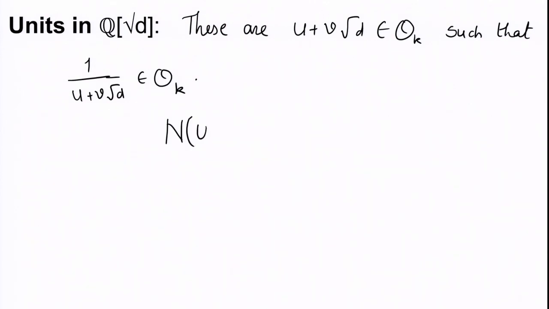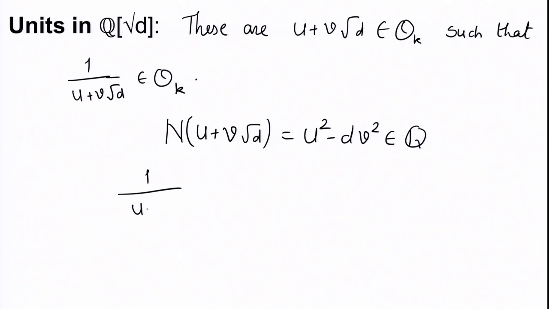There is a very important theorem by Dirichlet which will describe this, but before we go to that, let me observe one thing for you. We have seen that the norm of u plus v root d is u square minus d v square, which is always a rational number, and 1 upon u plus v root d is u minus v root d upon this norm.